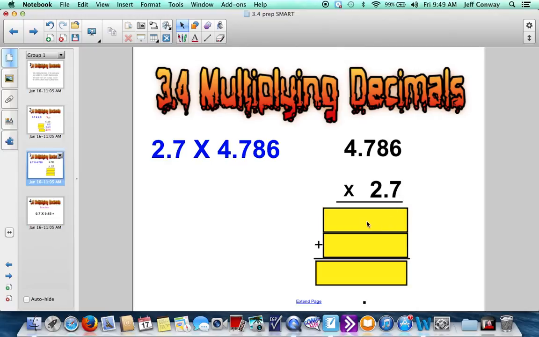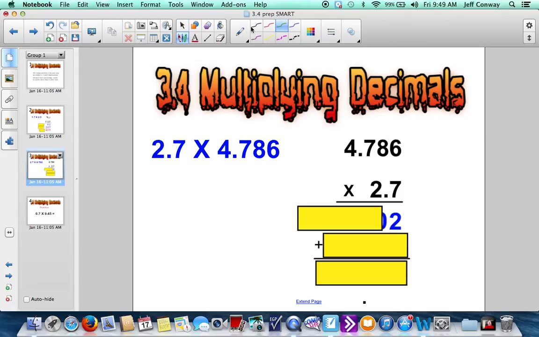7 times 6 is 42. I'm going to carry over my number, which was 4. 7 times 8 is 56, plus 4 is 60. So I put my 0 down, and once again, I have to carry over my 6 to the next column.